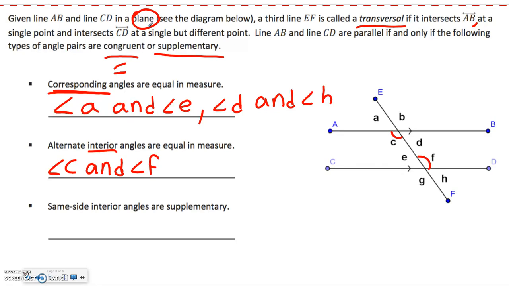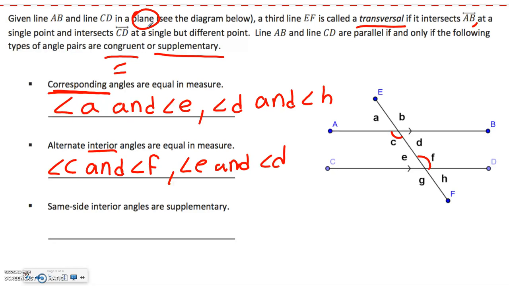Those two angles are equal. What are the other two? There are two more. We have angle E and angle D. By the way, those two are congruent, equal in measure.